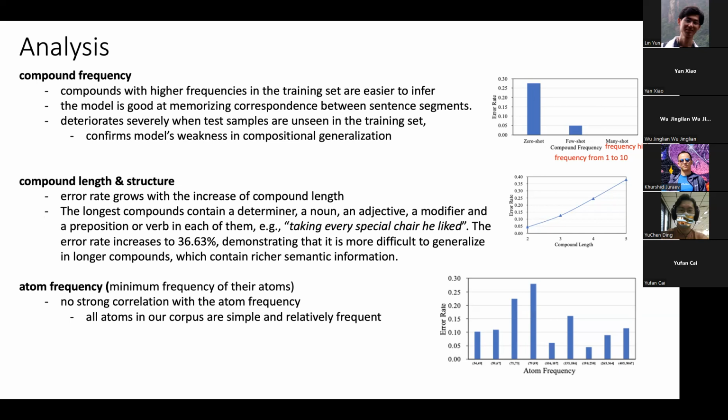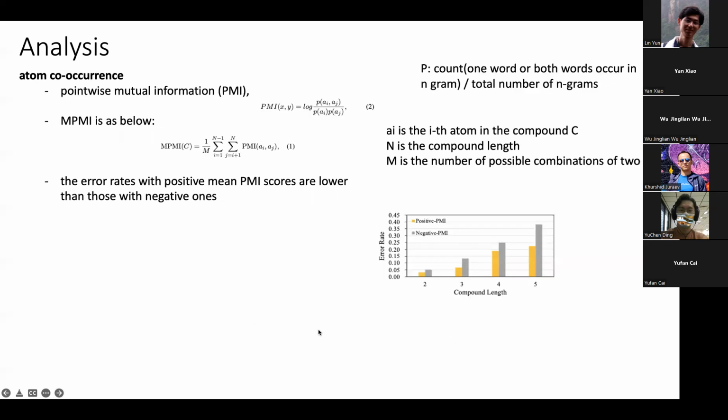Okay. Or if I go to the compound length, all right. Yeah, item frequency doesn't really have a strong correlation because they think all corpora are simple. And for item co-occurrence, they measure the pointwise mutual information between two items, and they use this to measure the co-occurrence.